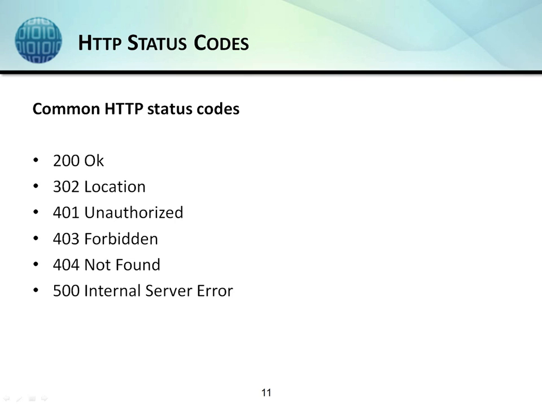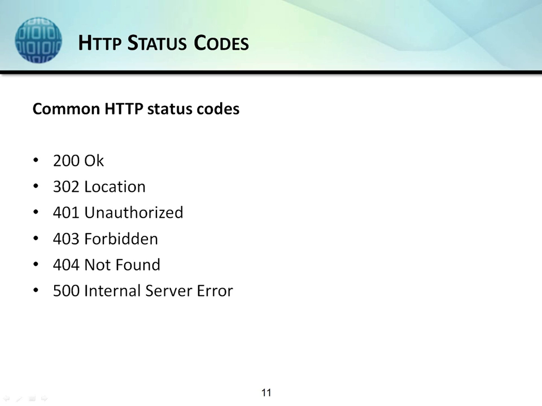Another common status code is 302. This is essentially a redirection. The server is telling the browser, hey, the resource you requested has moved somewhere else, go find it over here. 401 Unauthorized is where a client makes a request to a resource and doesn't have sufficient authentication credentials to access it.